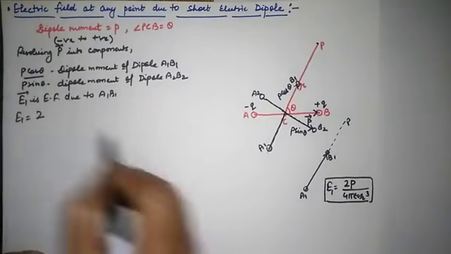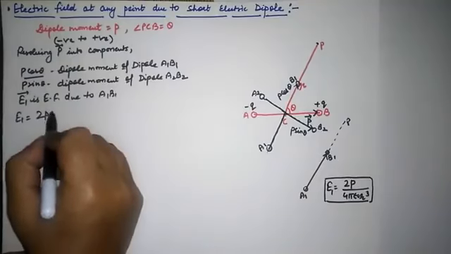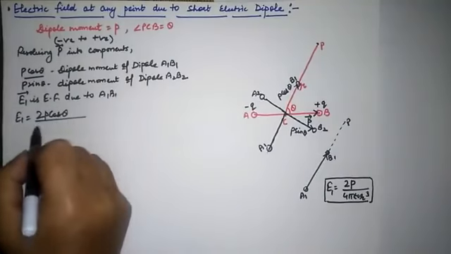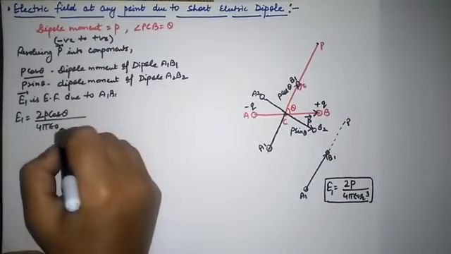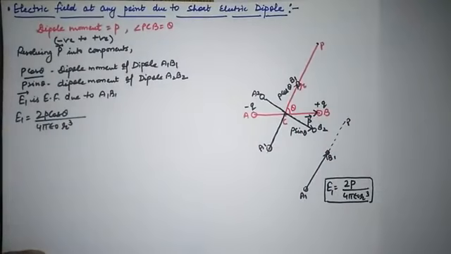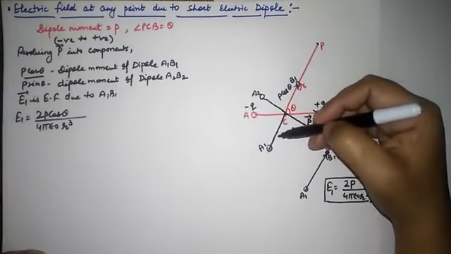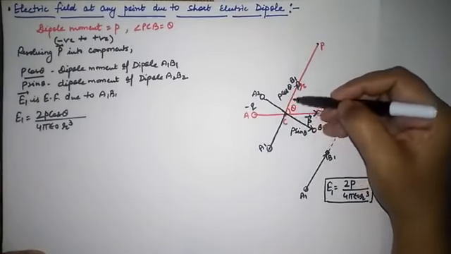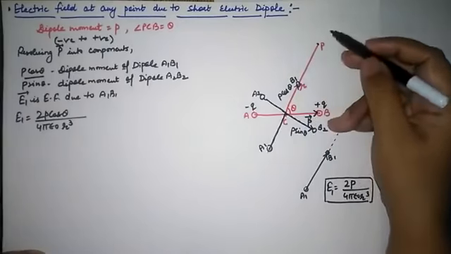So E1 is equal to 2 times the dipole moment, which is P cos theta, so 2P cos theta upon 4 pi epsilon naught r cube. And now what is the direction? We know that the direction of electric field on the axial line of a dipole is the same as that of the dipole moment.